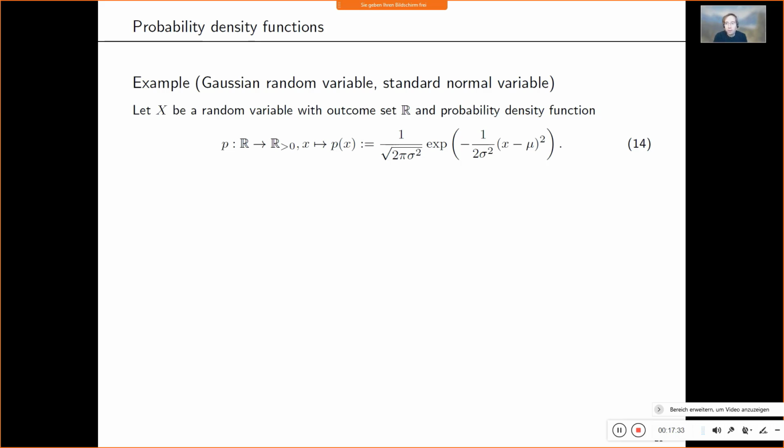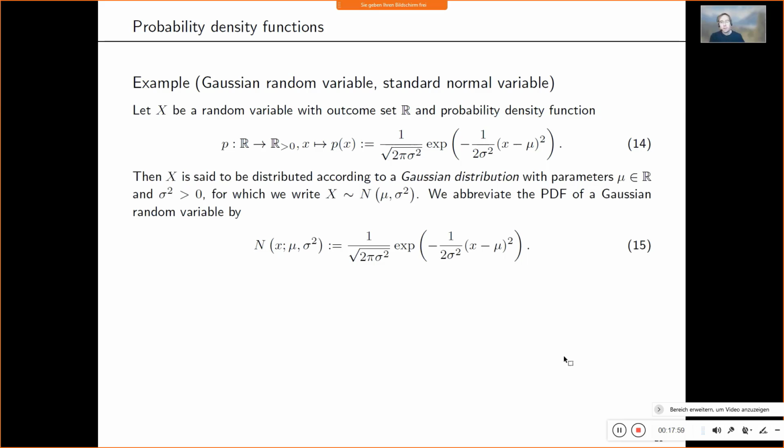If you have a random variable with outcome set corresponding to the real numbers, and the probability density function given by 1 over the square root of 2 pi sigma square times the exponential of minus 1 over 2 sigma square times (x minus mu) squared, then you call this a Gaussian random variable, and you say that x is distributed according to a Gaussian distribution with parameters mu and sigma square.